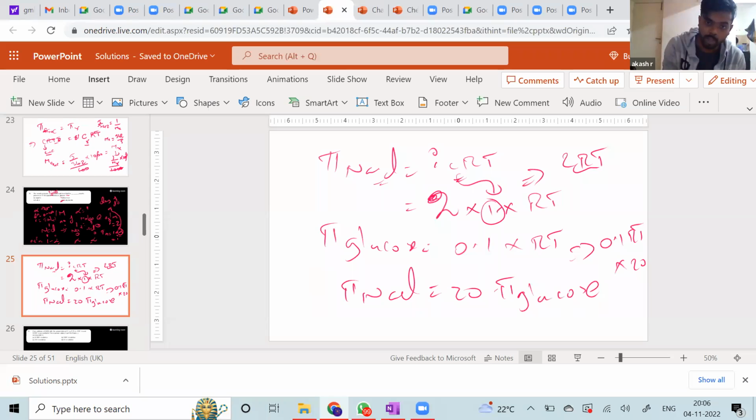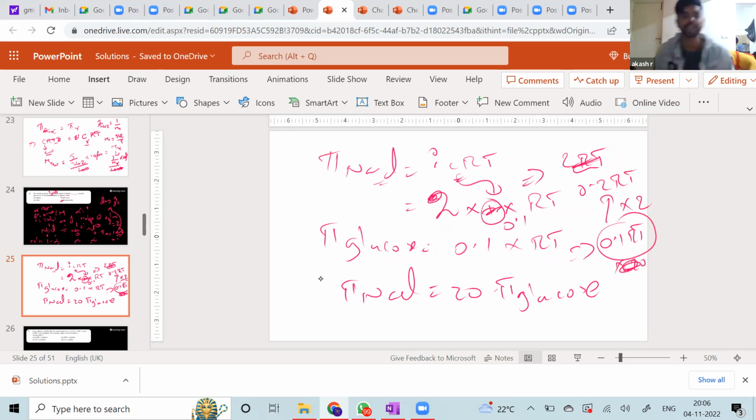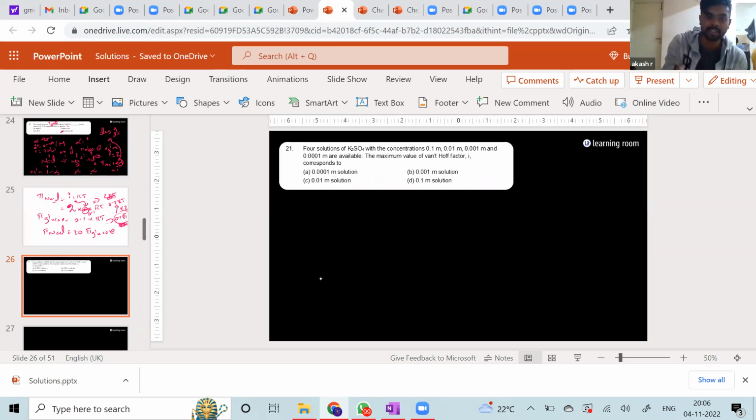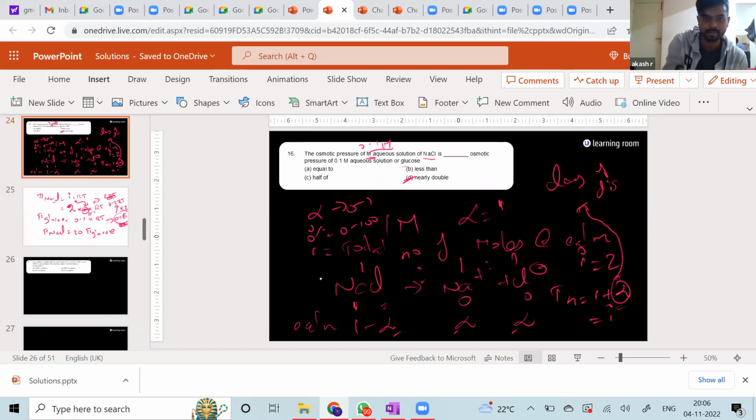But if I take it as 0.1 m, now this is going to become 0.2 into R into T, and the value for this is 0.1 into R into T. So if I multiply this by 2, you'll be getting this. So you can understand that pi of NaCl is twice the value of pi of glucose. So obviously it is nearly double.